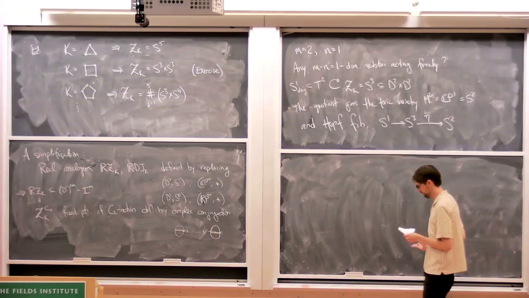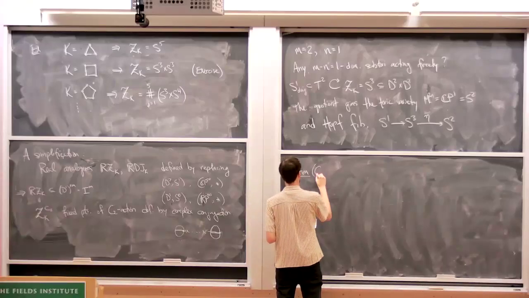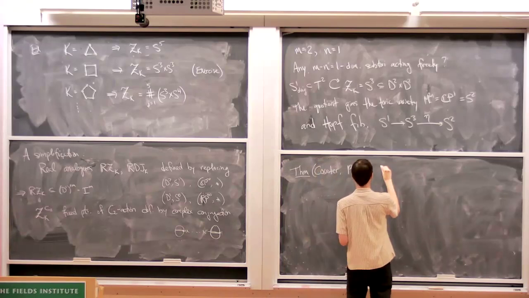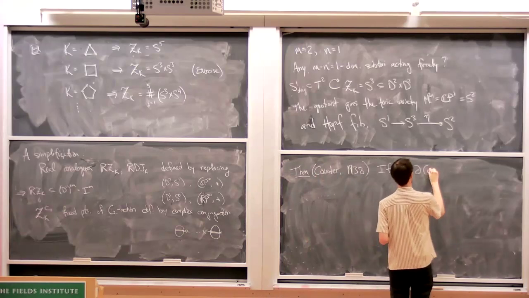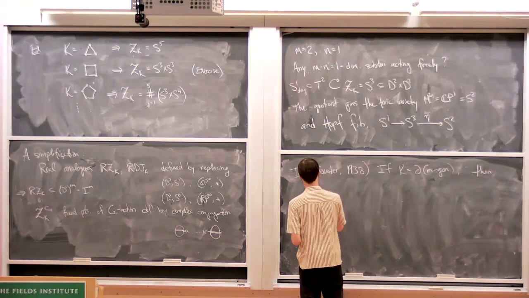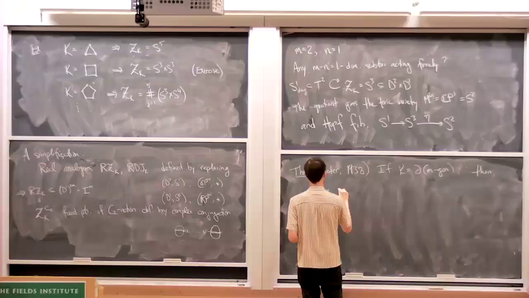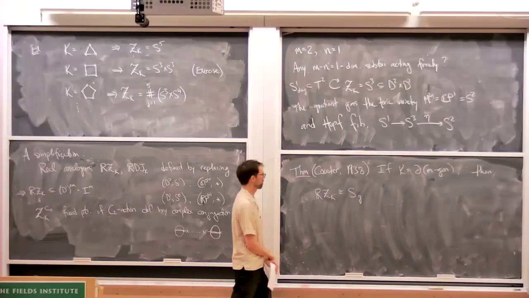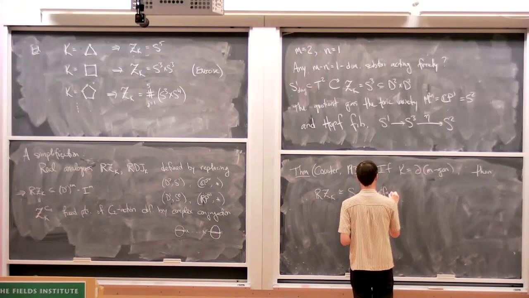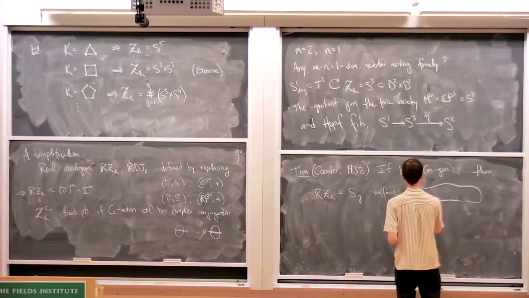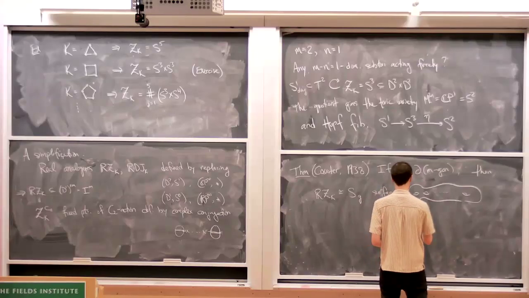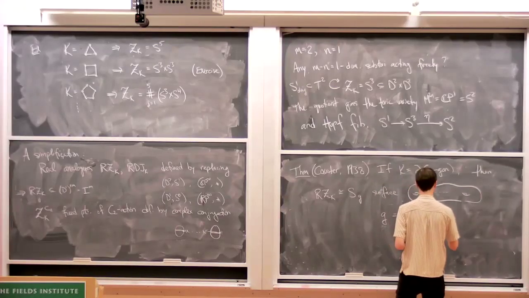Using some different language, he was looking at exactly these spaces, and he showed that for K the boundary of an M-gon, this real moment angle complex RZK gives you an oriented surface of genus G equals 1 plus (m minus 4) times 2 to the m minus 3.